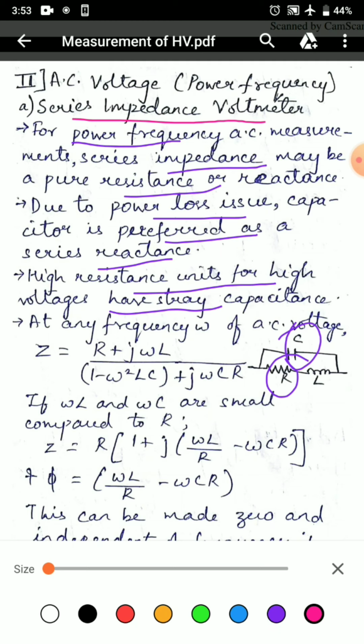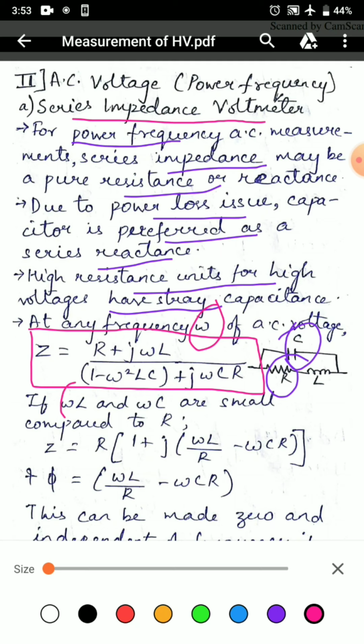At any frequency omega of an AC voltage, impedance Z can be given by Z is equal to R plus j omega L upon 1 minus omega square LC plus j omega CR.